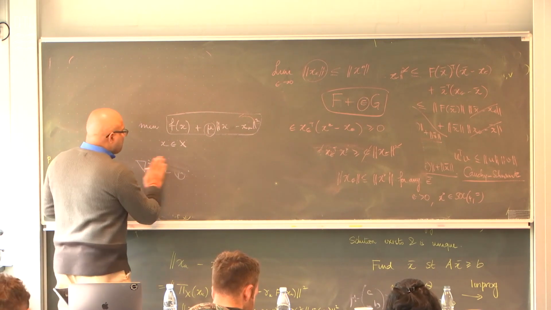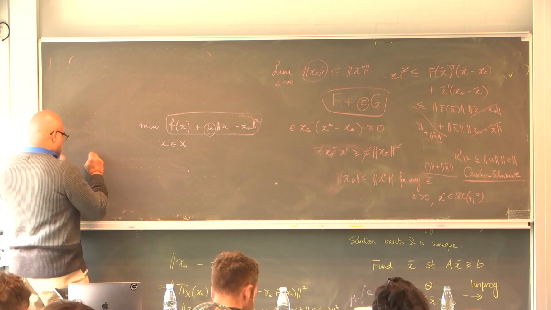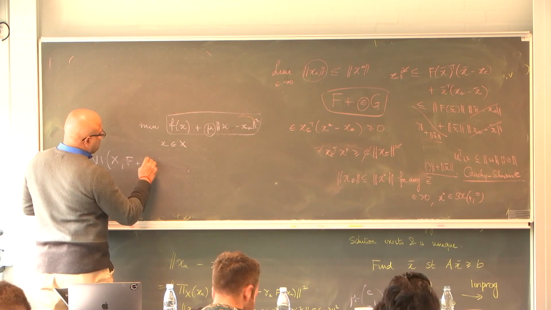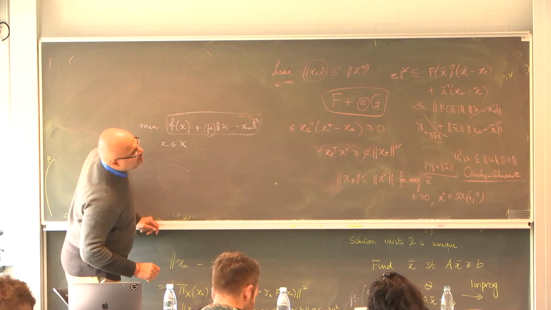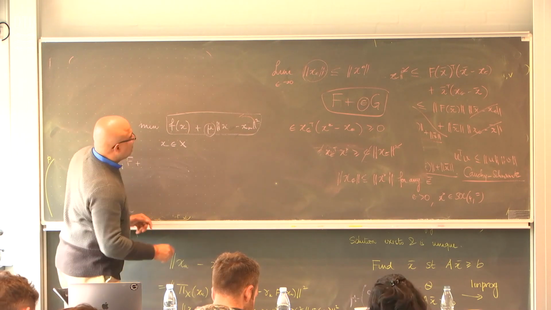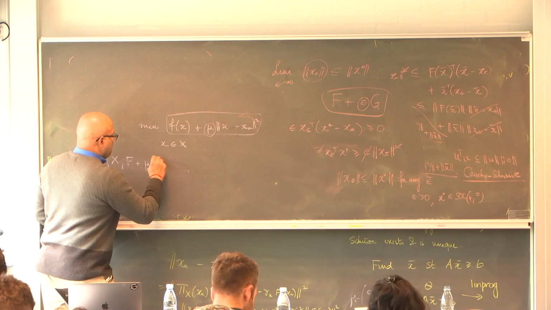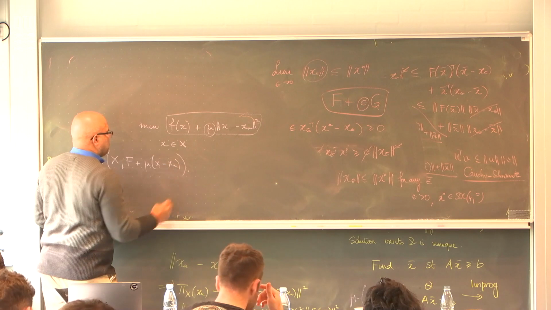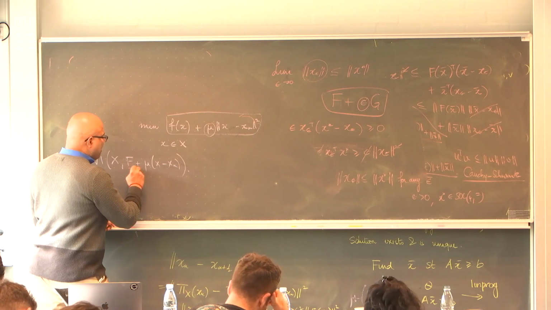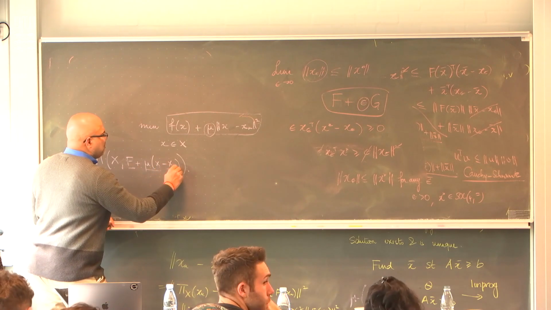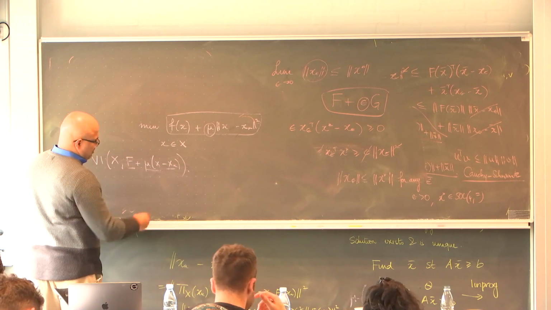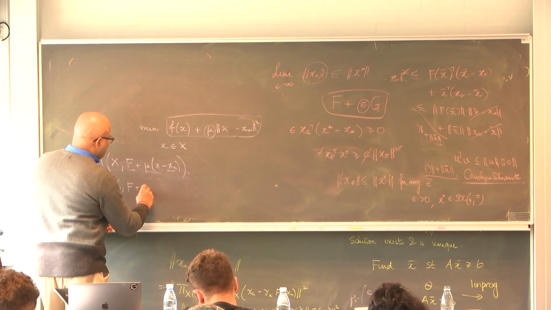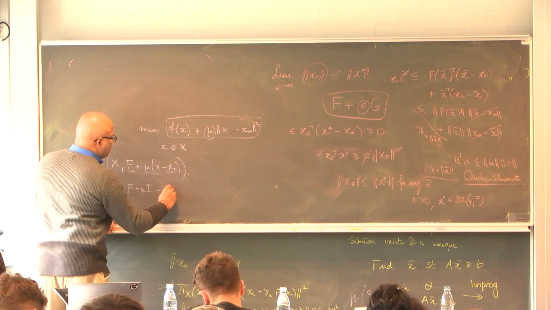Now from a VI standpoint, what that means is, suppose I want to solve this VI, f plus, let's say I'll use mu, x minus xk. So this is the original mapping plus some modification, and you just need to stay close to this. So that's the same as f plus mu times the identity minus some constant.